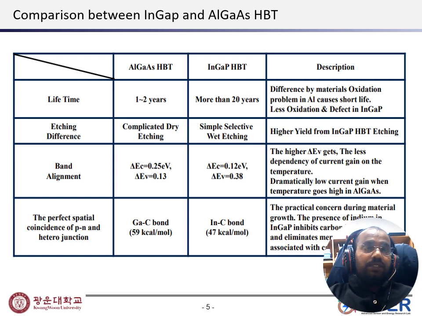Also, you can see there is a difference in band alignment, and the band alignment of aluminum gallium arsenide is quite high. It's 0.25 eV.